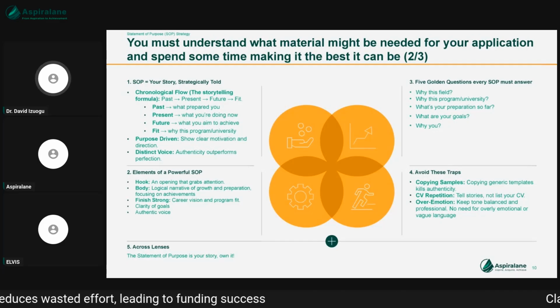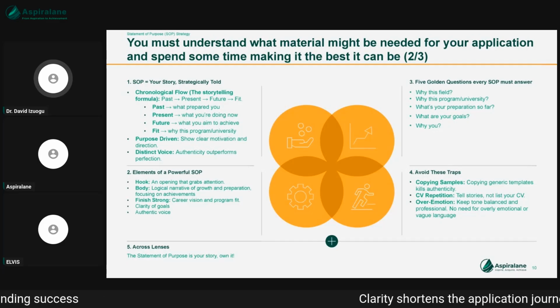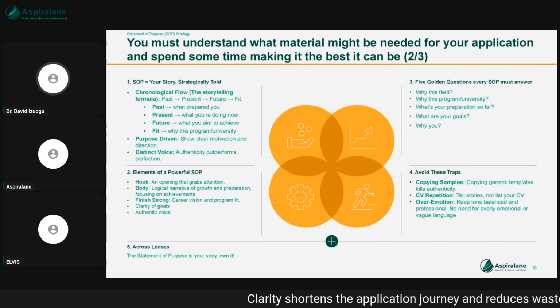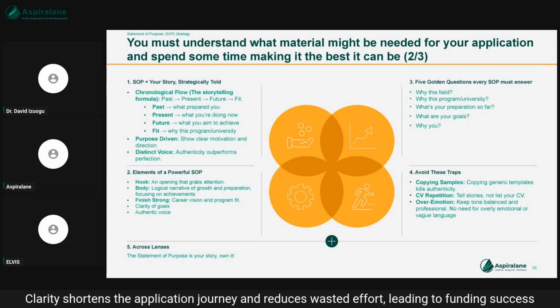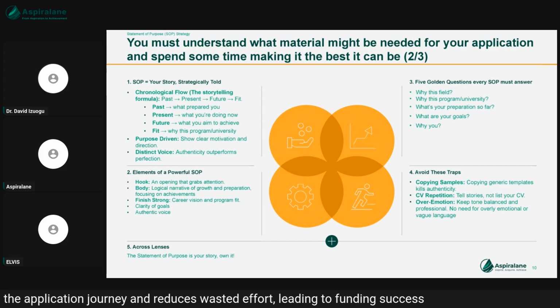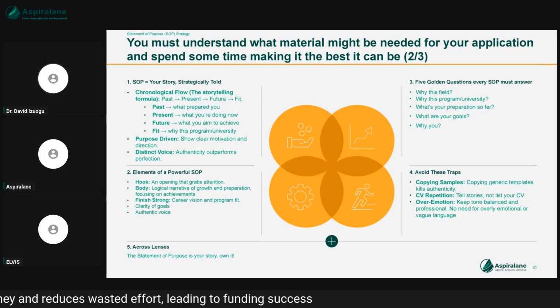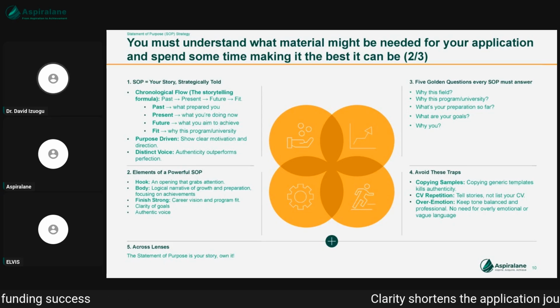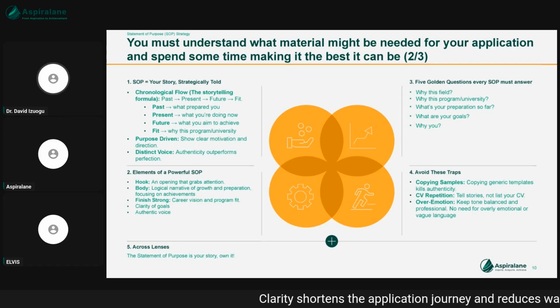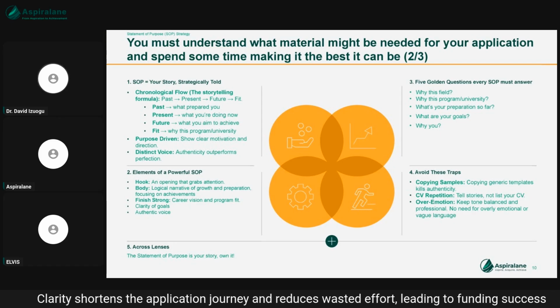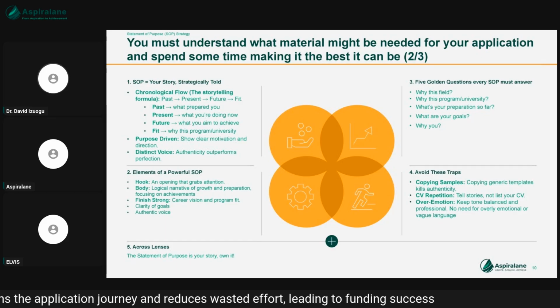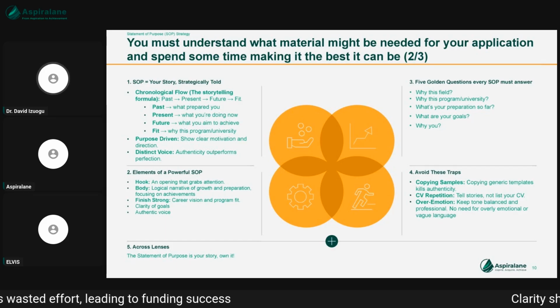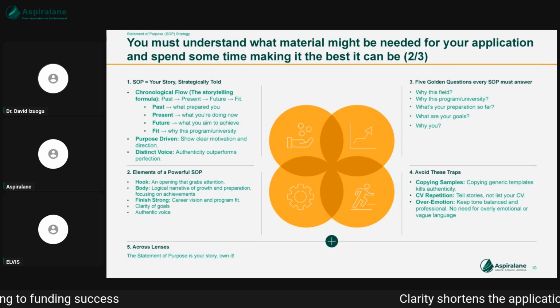Now let's look at the content of your SOP. Someone can tell the story of the past, present, and future, and answer the question of why this program or university. Show clear motivation and direction, and the voice that you hear when you read that sounds authentic. But then they miss out on the key element of a powerful SOP, which is: can your reader read the first sentence and want to read the second one?